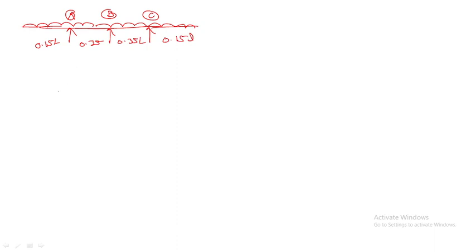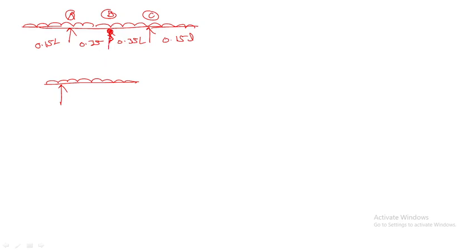Hogging moment. Let me draw the diagram so that you can understand. This is the UDL, and this is the condition. Okay, I think this is not the support, this is at the midpoint.